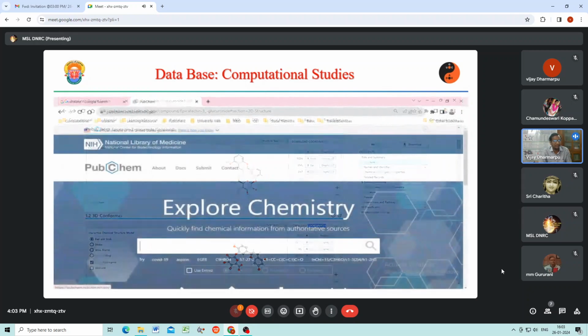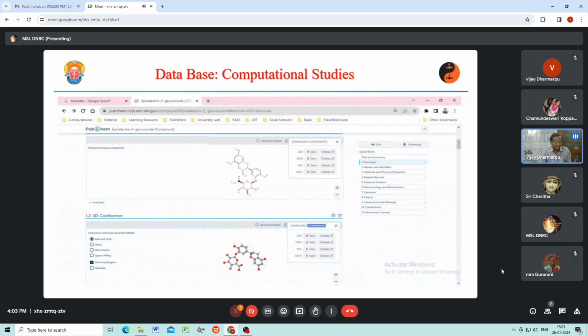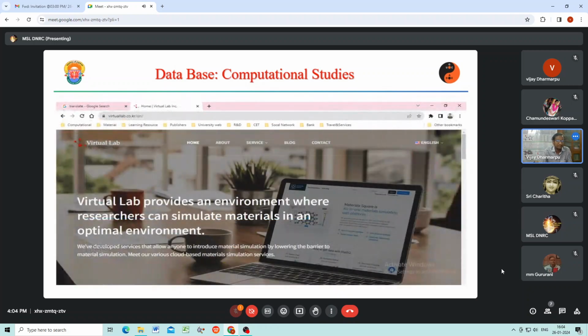That is PubChem, National Library of Medicine. They are running it. So if we have any complications, we just go with the structure. If we want to change any structures, we can change them. Then they are readily available.